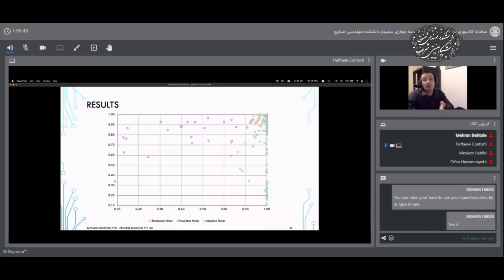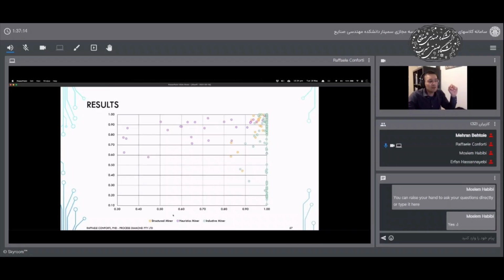Why? Because in order to guarantee structuredness, you pay the price of allowing behavior that shouldn't be in there. Heuristic miner has a lot of points in the high precision, but sometimes the fitness is really bad. This is because you may create these unsound structures, which cannot be executed, so you get a fitness of 0.